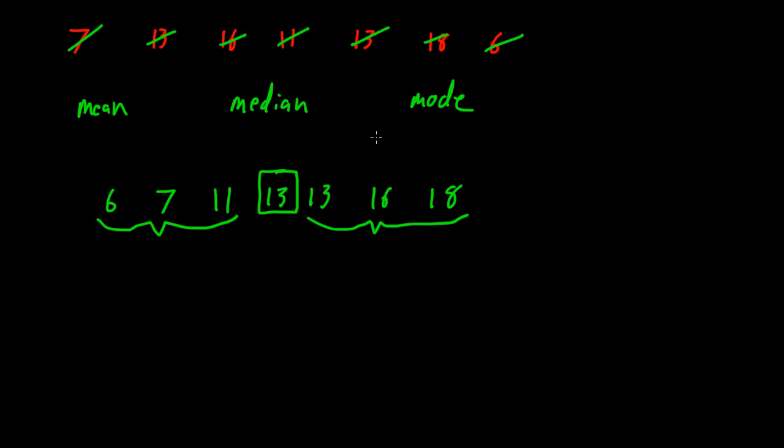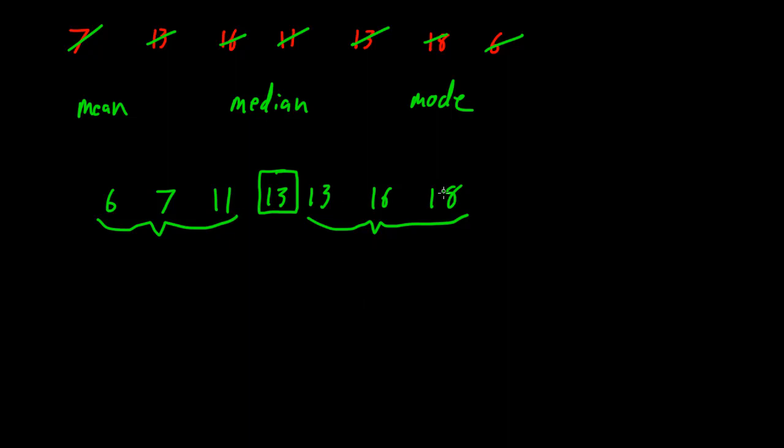Now there's one caveat to this, and that is if we have an even number of values, so if we have 6 values, 8 values, or so on, we actually will line up the values in the same way, but we won't have an actual middle value. In that case, we'll just average the 2 values together, or take the mean of those 2 values.